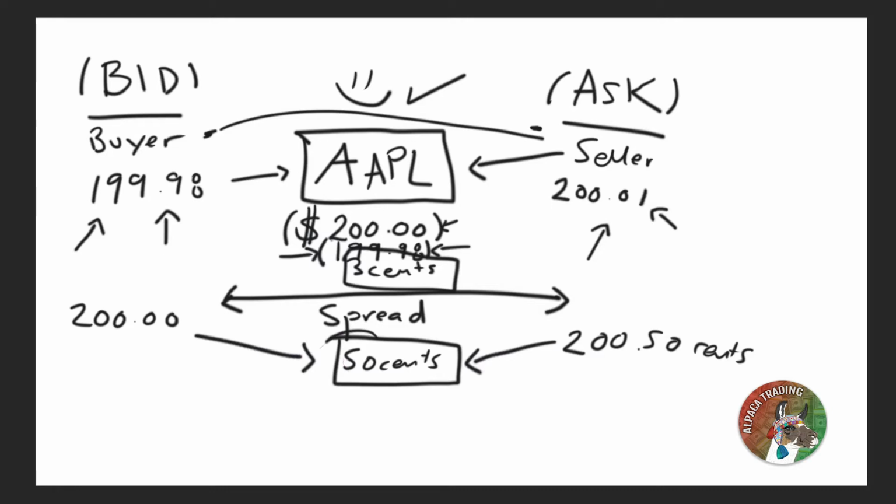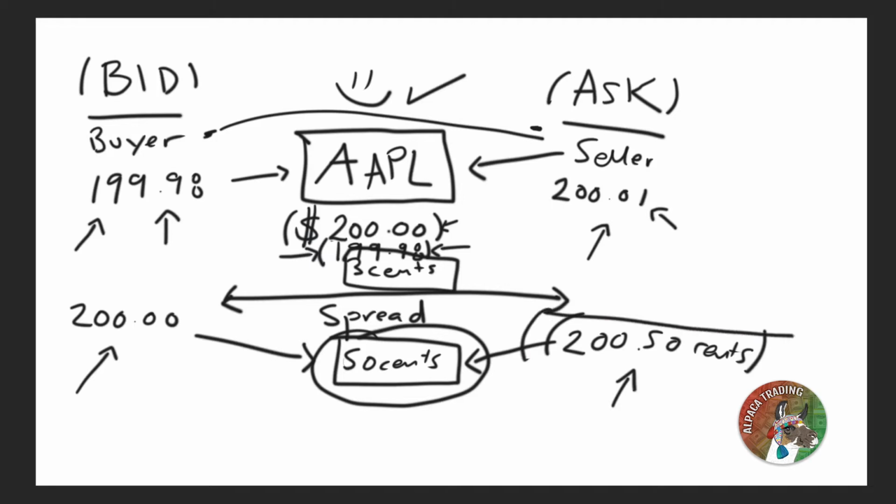This spread, so to speak, is huge, because what happens is if this buyer right here, okay, decides to purchase the stock for $200.50, the moment he purchases the stock for this price right here, his position or his stake is immediately going to only be worth $200, or the difference between the ask and the bid.